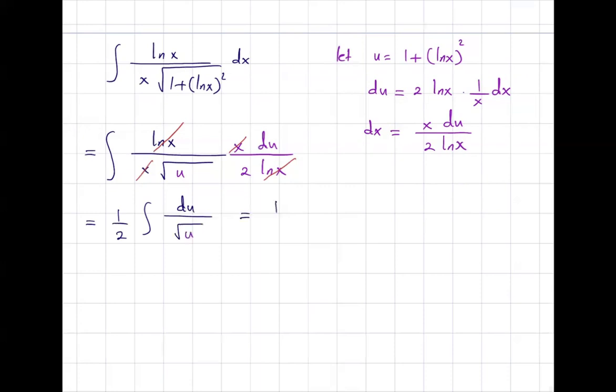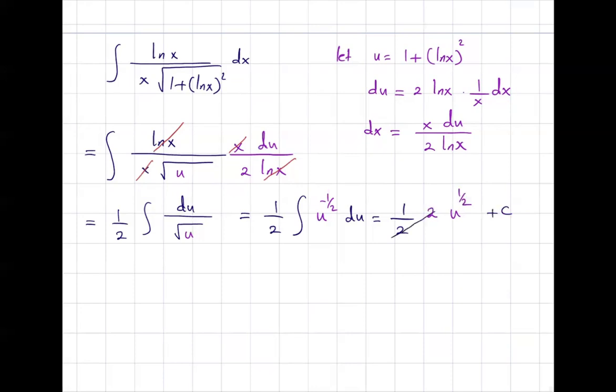This is the integral of u to the power negative a half du. So you already have 1 over 2 in front of your integral. Now, if you add 1 to negative a half, you get a half. So you get 2 divided by 1, or just 2 times u to the power a half, plus constant of integration.